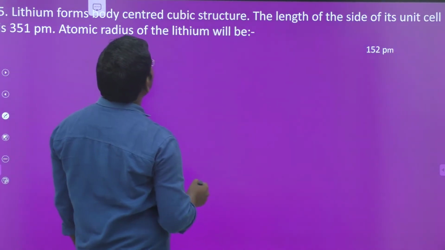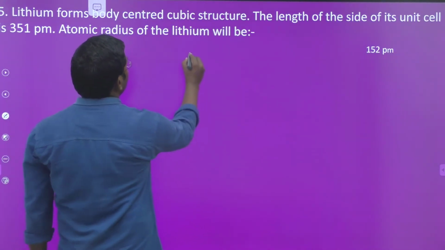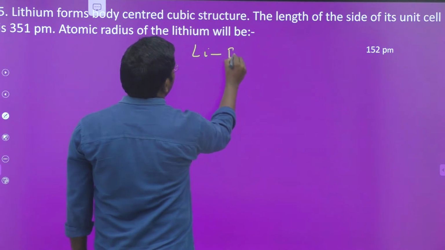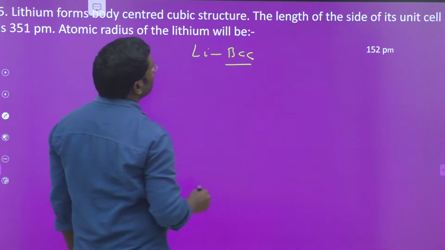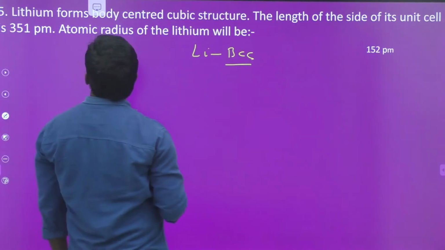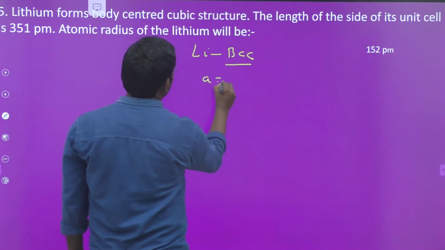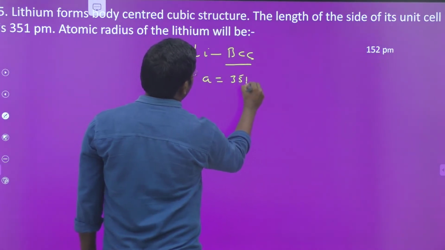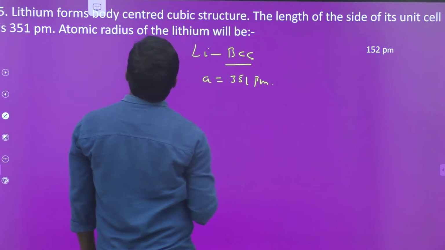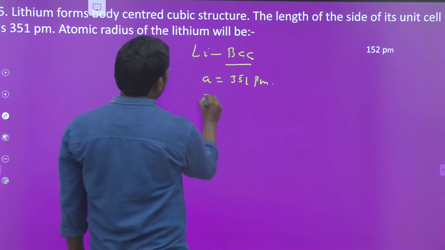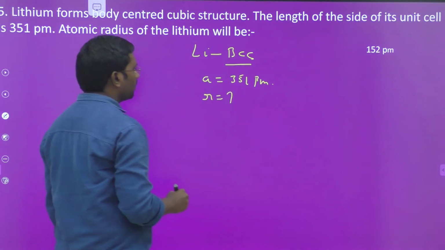Lithium forms a body-centered cubic structure. The length of the side of its unit cell, that means edge length a, is equal to 351 picometer. Find the atomic radius r value.